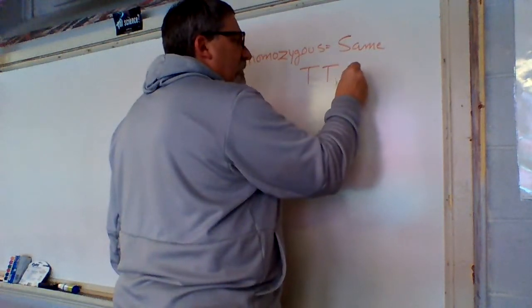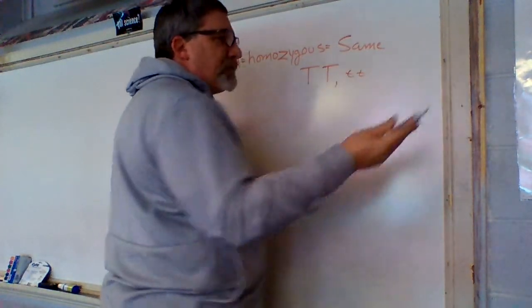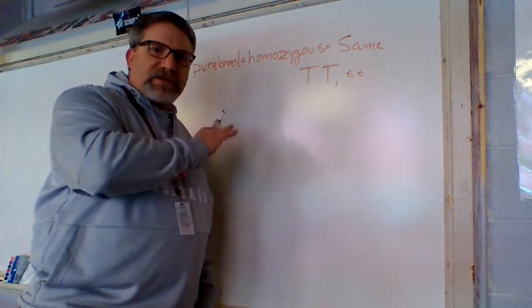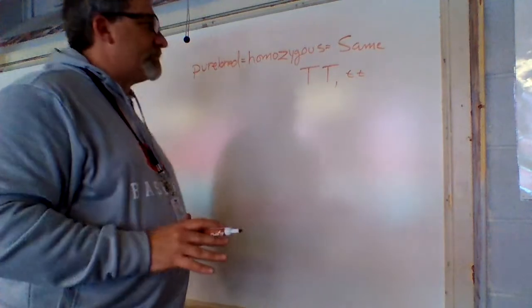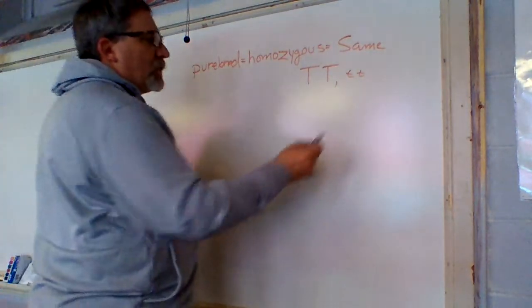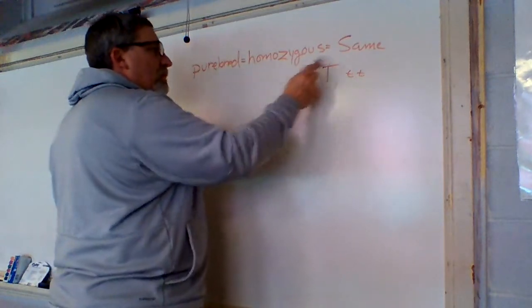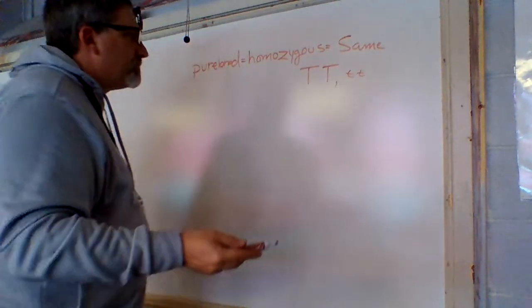You could also have little t, little t. Now remember, I just picked the letter T. It could be any. Remember, these variables stand for any characteristic. But anyway, you've got little, little, big, big. So that means that it's purebred, homozygous, the same.